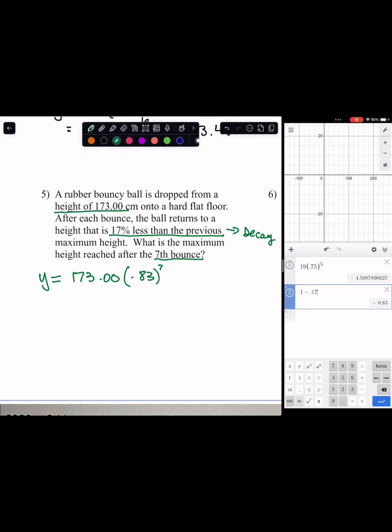7th bounce. So let's go ahead and put that in decimals over here. 173, parenthesis, 0.83, close parenthesis, go up to the 7, and you get 46.95 centimeters, because that's what we were talking about, somewhere up there.